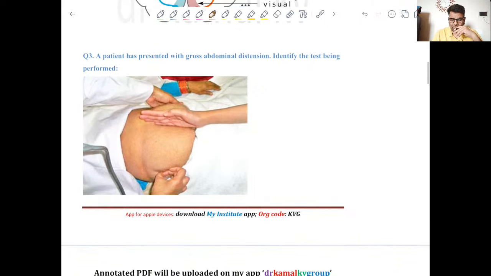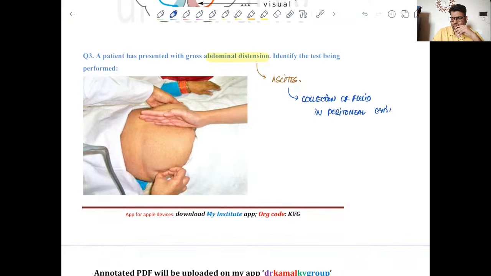Now moving forward, a basic question, but I think a little difficult if you haven't seen or done that, right? So here a person was having gross abdominal distension. Now which test is done? When we say distension, we actually mean it is ascites, and ascites is collection of fluid in the peritoneal cavity.